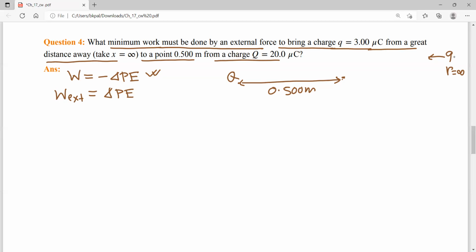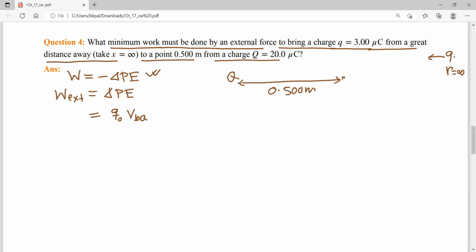So then what is delta PE? In the first problem, we already saw that delta PE is equal to Q0 VBA, where VBA is the potential difference.